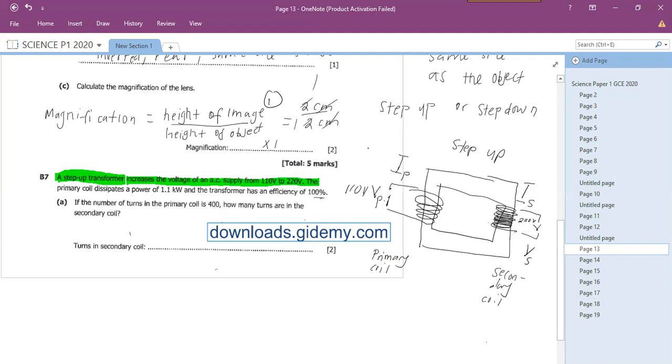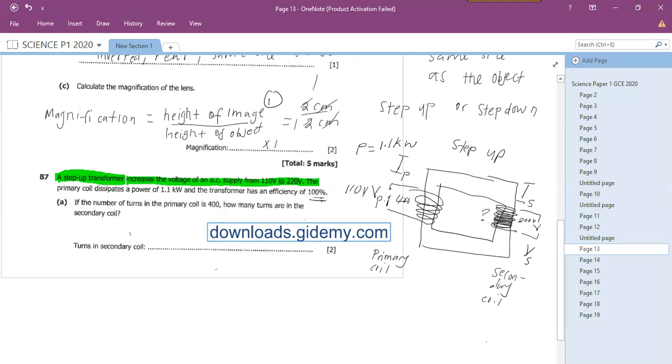So if we say voltage times current, the power in the primary coil is 1.1 kilowatts. And the transformer has an efficiency of 100%. It means they want us to use that formula. If the number of turns in the primary coil is 400, so these turns here in the primary coil, we have got 400. How many turns are in the secondary coil?